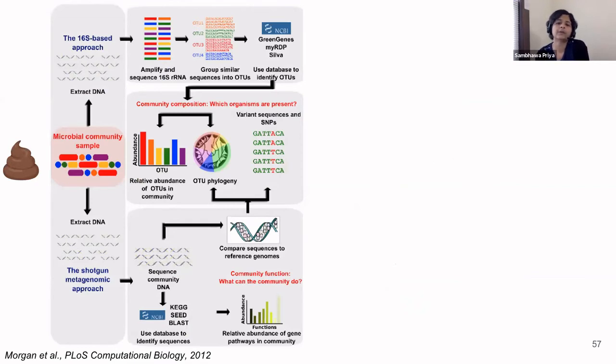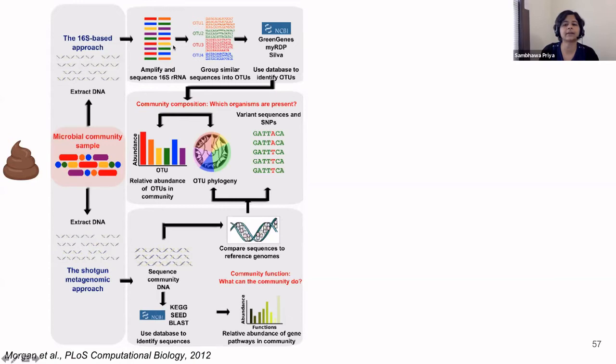So let's quickly look at the process of obtaining microbiome data. We get a microbiome sample, a fecal sample here, and then we have two major sequencing technologies. One is the 16S approach, which targets a specific gene present in all bacteria, the 16S RNA gene, but which can be used to identify different bacteria.